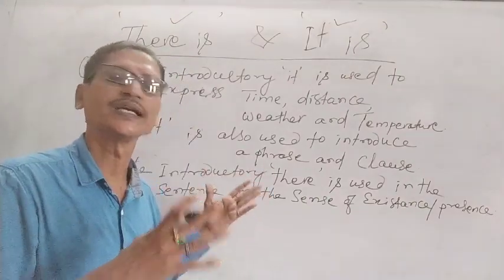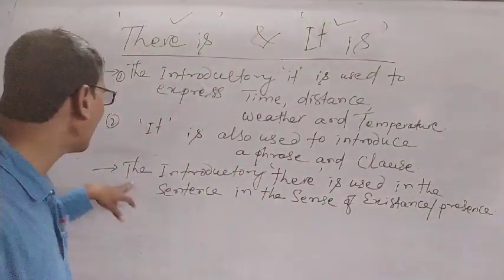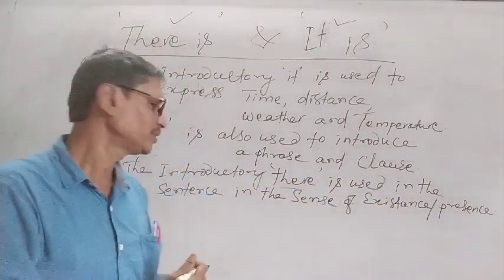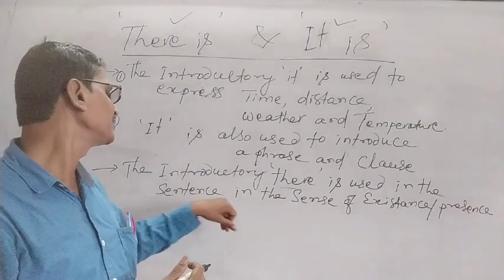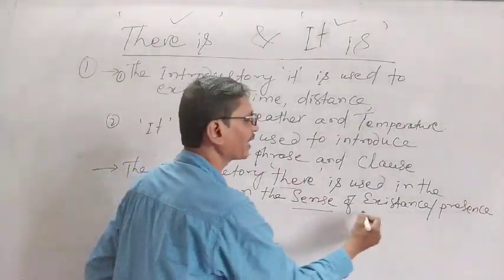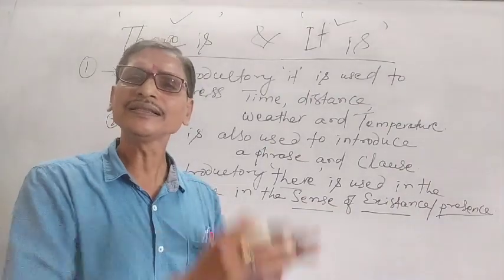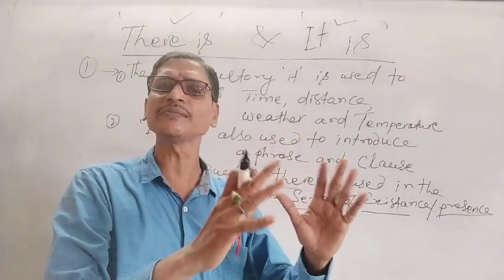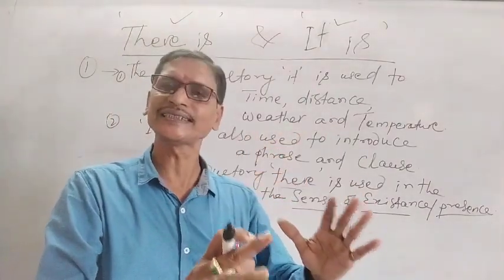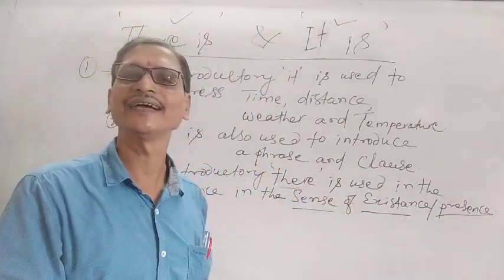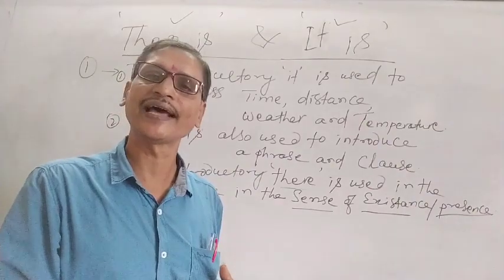Similarly, we understood that the introductory "there" is used in the sense of existence or presence, when something is existing, something is present. In that case, we use introductory "there".